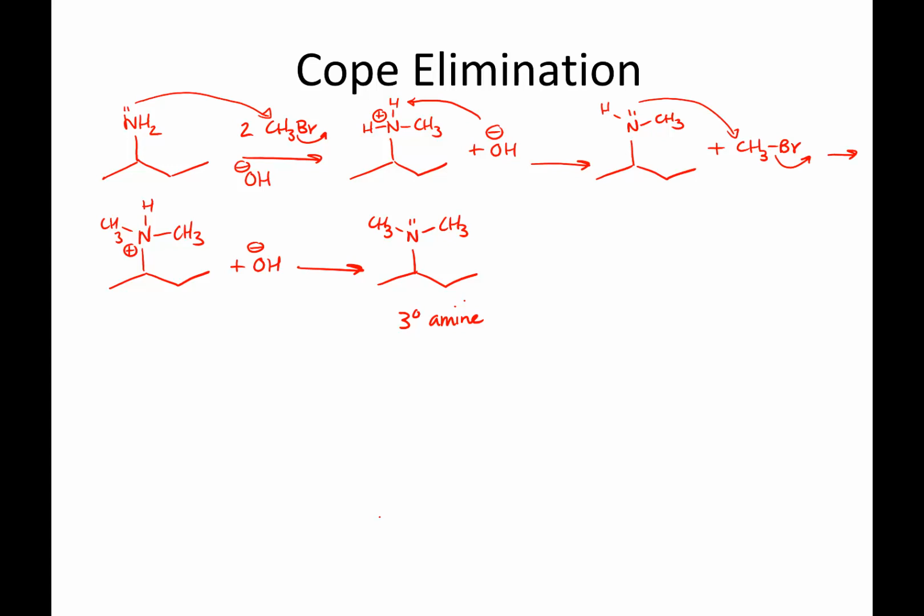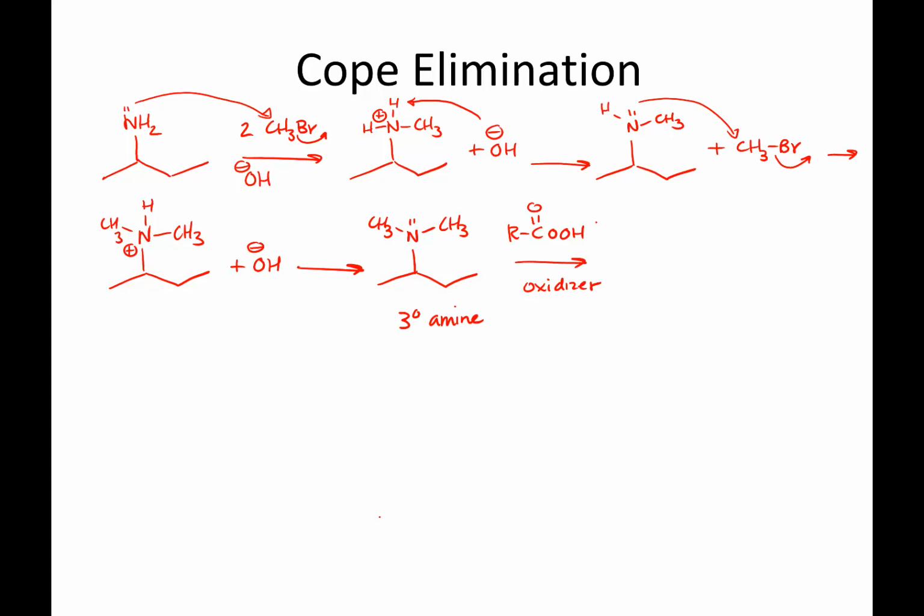Now what I'm going to do is treat that amine with an oxidizing reagent, with an oxidizer. And the oxidizer that I'm going to use is our old friend, the peroxy acid. And you can use a lot of different oxidizers for this. You could use hydrogen peroxide. There's probably other ones that are shown in the Top Hat textbook.